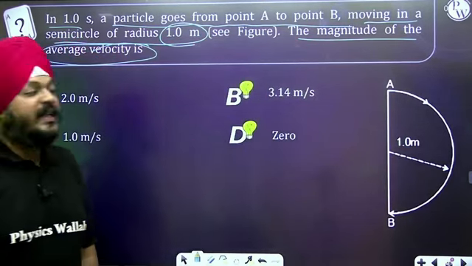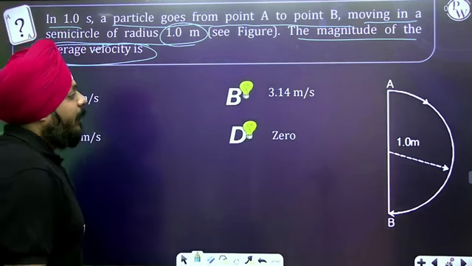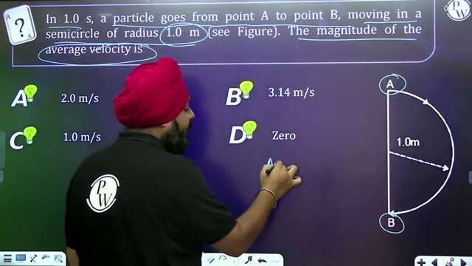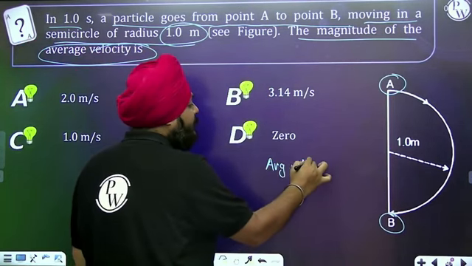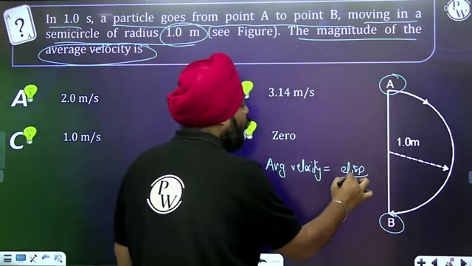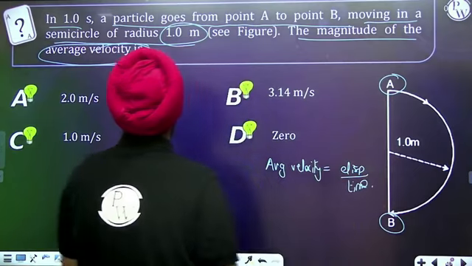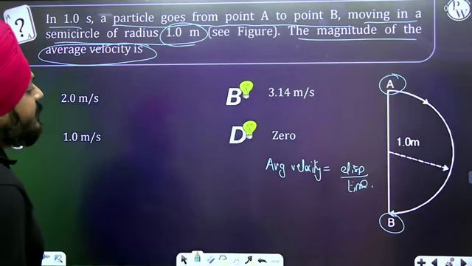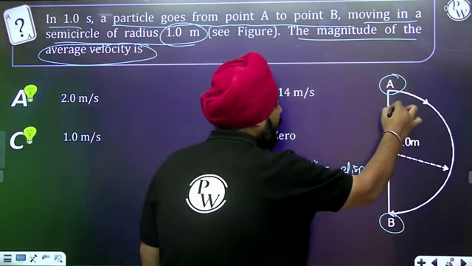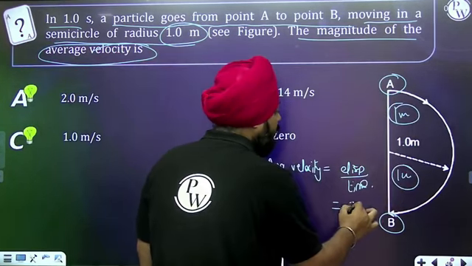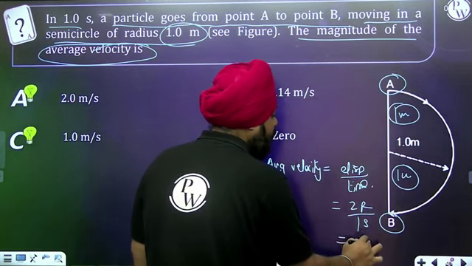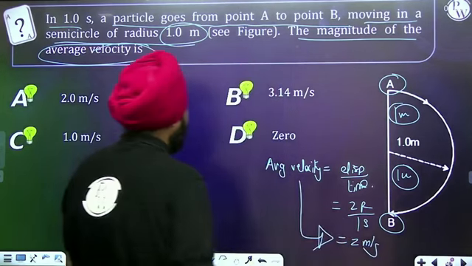Average velocity is the net displacement divided by total time. The radius is 1 meter, so the total displacement is 2r in 1 second. So the average velocity is 2 meter per second.